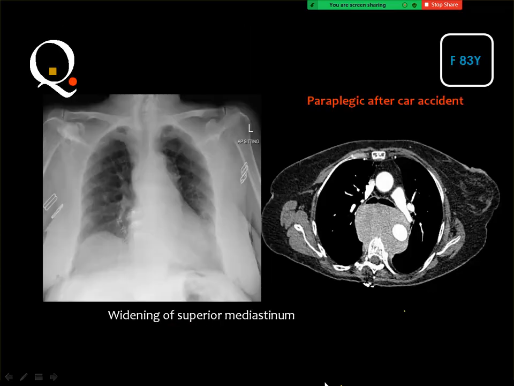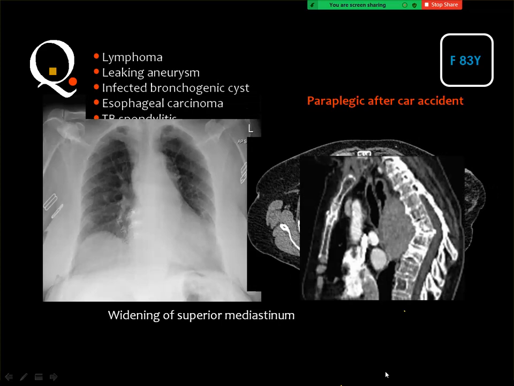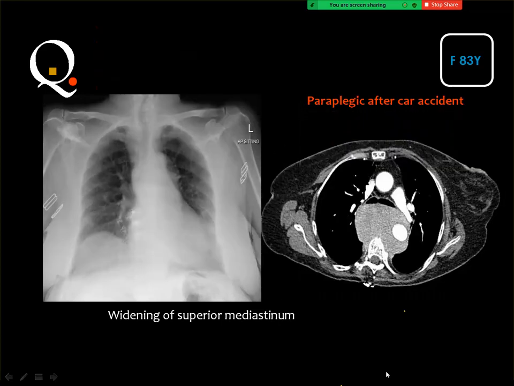This is pulmonary embolism. This patient, 83 years old, became paraplegic after a car accident. This is the chest x-ray and this is the CT scan of her chest. I think we have some of the differential diagnoses, but you should consider the history of trauma.